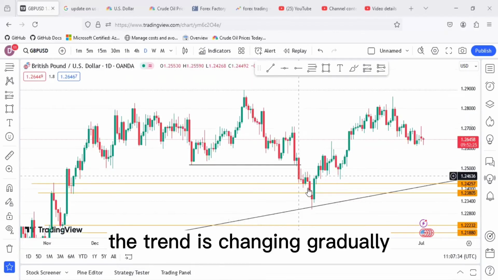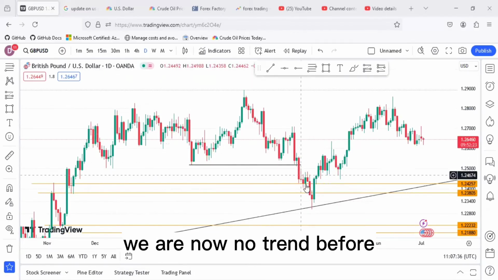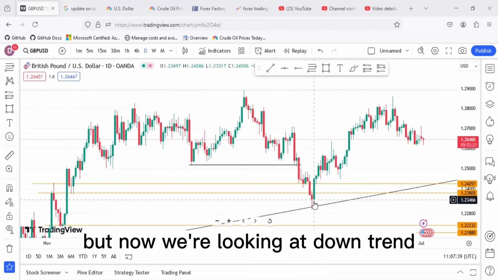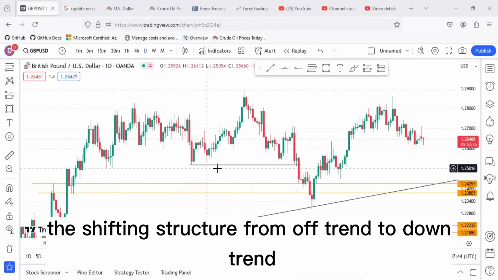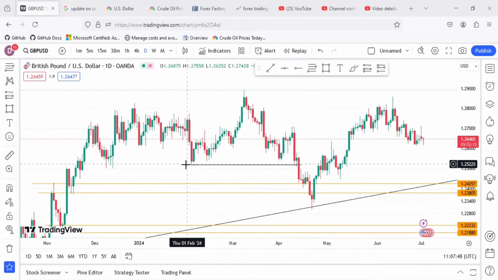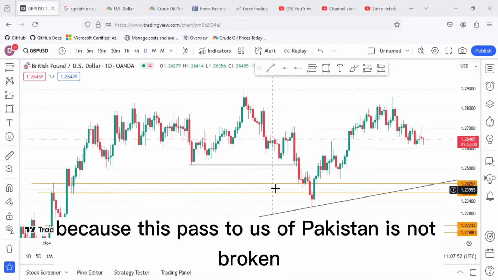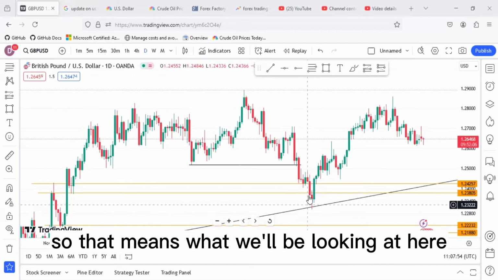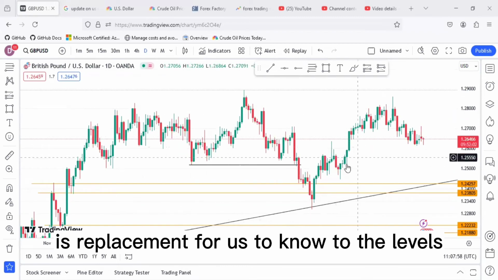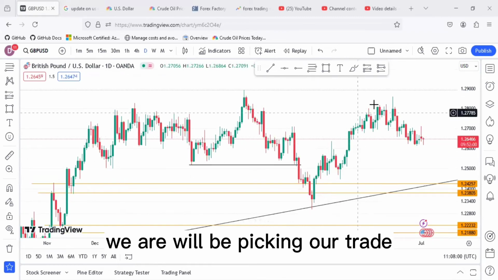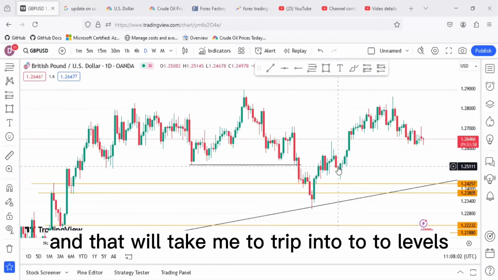The trend is changing gradually. We were in an uptrend before, but now we're looking at a downtrend, because there's a shift in structure from uptrend to downtrend, from here and from here, because this particular support and resistance is now broken. So that means what we'll be looking at here is retracements, for us to know the levels where we'll be picking our trade.